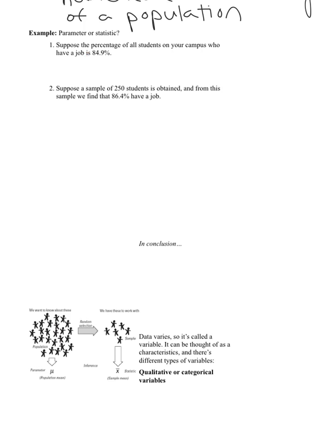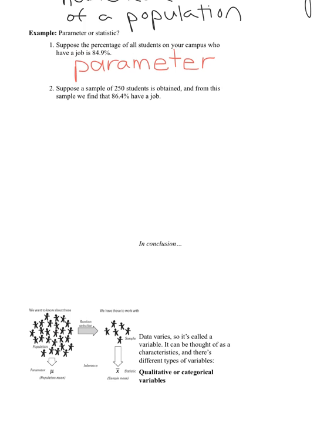Okay, and the key word in this case is all. So because we're talking about the percentage of all students on your campus that have a job, we're going to say that this is a parameter. This is a number we actually could get many times when we enter a school. There's surveys, and sometimes a question could be like, do you have a job? So this is a number that we have access to.